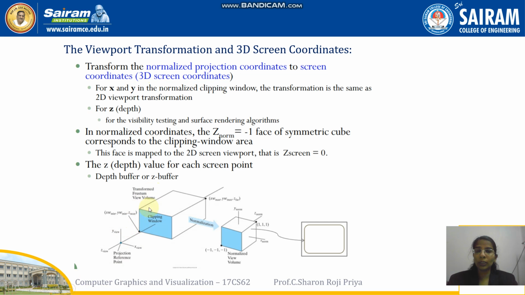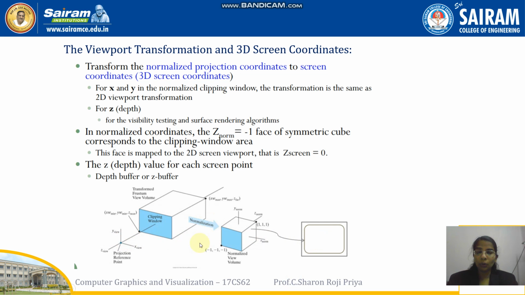When I normalize this view volume, when I bring the coordinates between 0 to 1, I get a cube. This is my view volume now. Whatever object lies within the cube will be displayed on my screen.